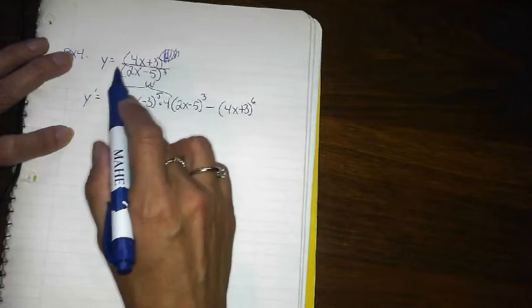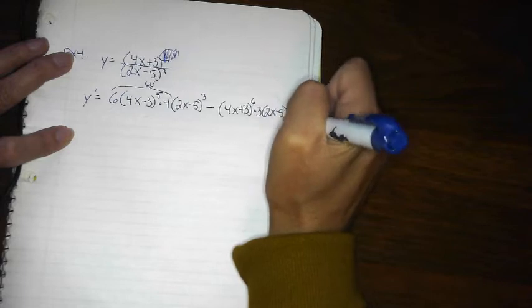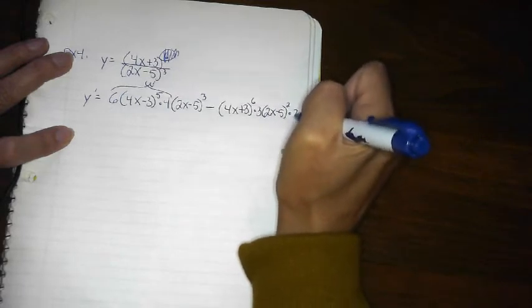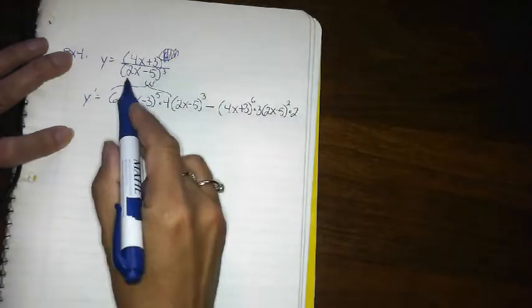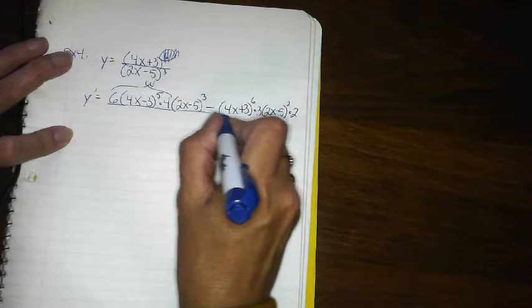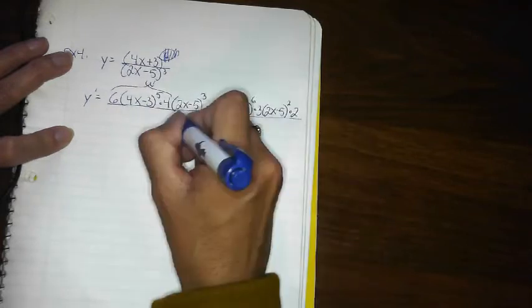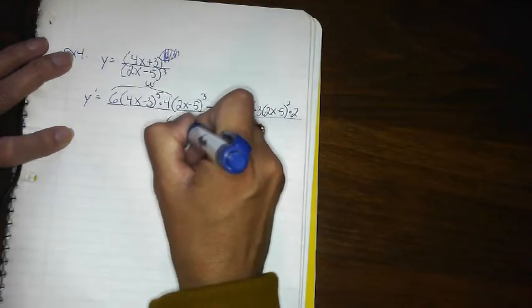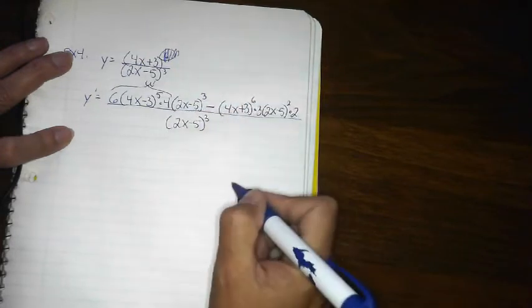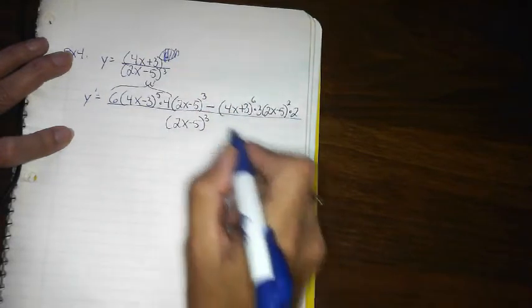So the 3 is coming out in front. 2x minus 5 squared. Inside derivative is 2 because of the 2x. And then that's all over the bottom, which is 2x minus 5 cubed, but we have to square that.